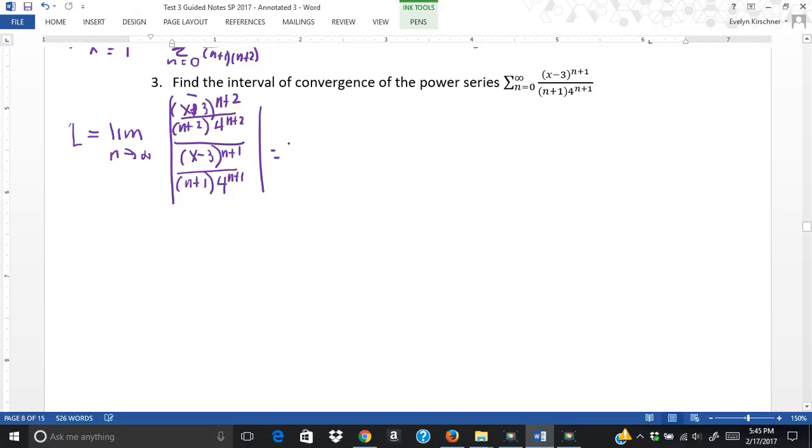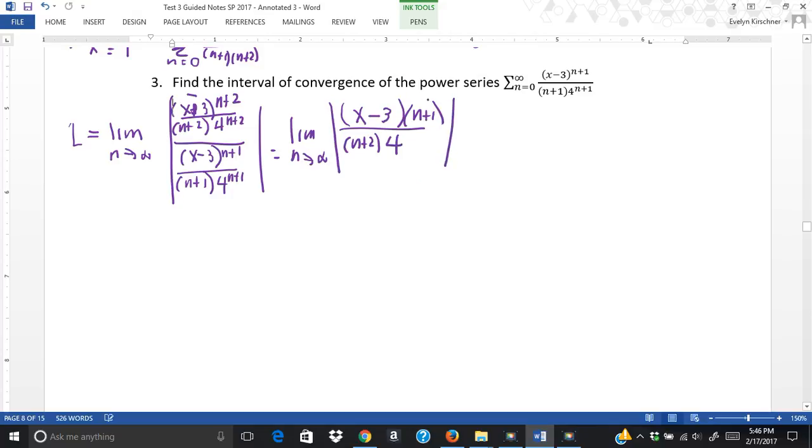Right, so a lot of things cancel out. I have n plus 2 here and n plus 1 there, so I have 1 left. This is over n plus 2. I have 1 more on the bottom than here, and this needs an n plus 1 from down here.